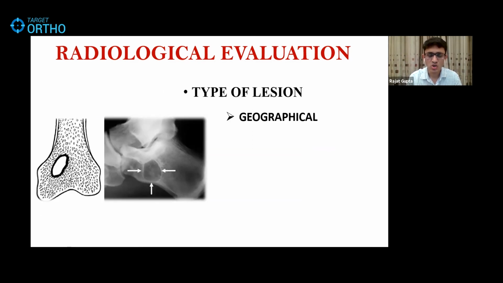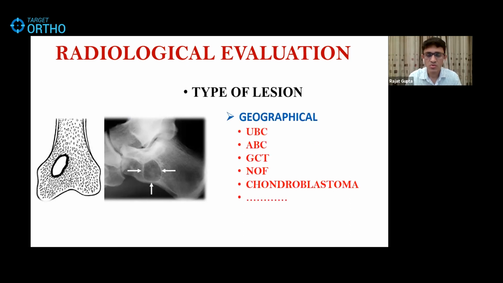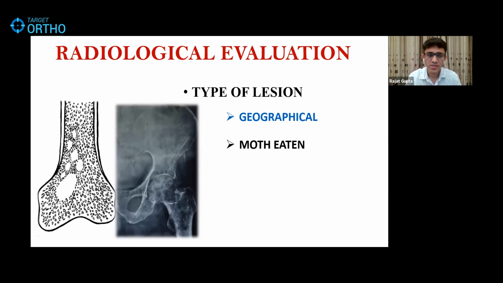So whether the lesion is geographical, which means that there are well-defined borders, we can easily make out where the tumor is ending and where the normal bone is beginning. Examples include the cystic lesions like UBC or ABC, or a giant cell tumor, or a non-ossifying fibroma, chondroblastoma, and so on. Or it could be a moth-eaten appearance where the lesion looks as if it's punched out, and you can see there is some destruction. I mean, the zone of demarcation is not as clear as in a geographical lesion.